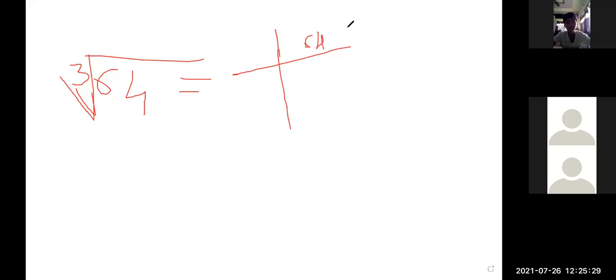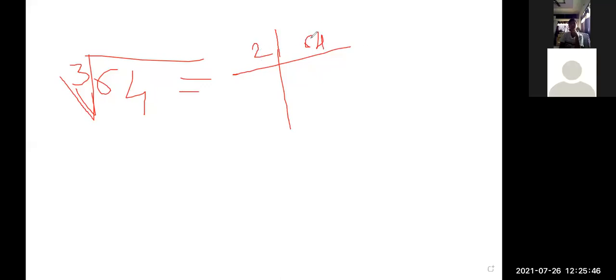We have to find the cube root, not its cube. So when we find the cube root, first we divide by 2. For the factorization method, we take 2 as the first number.